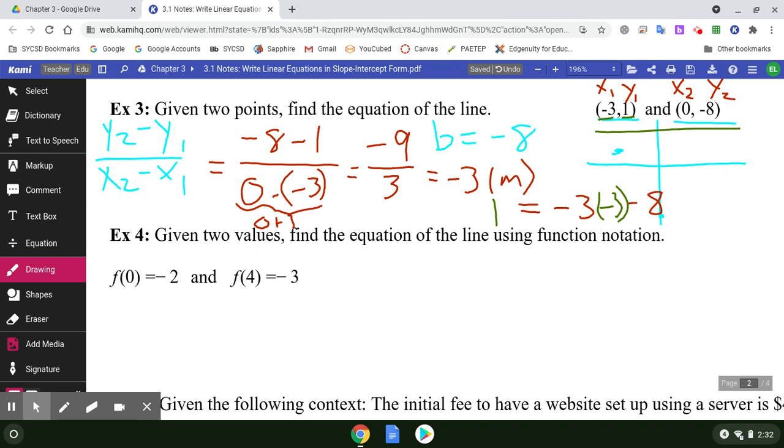So we're given two pairs of inputs and outputs. In example 4, that's actually the same thing. It's just stated a different way using function notation. As we can recall, this number still represents our input and this number represents our output.